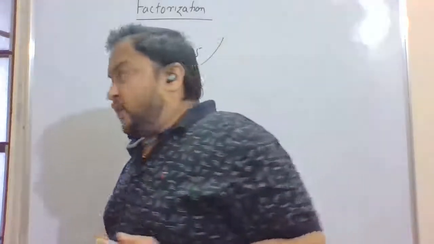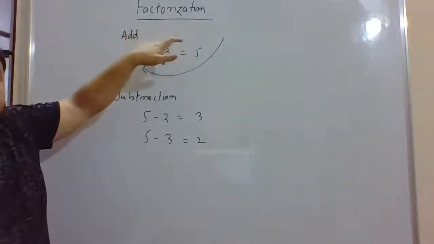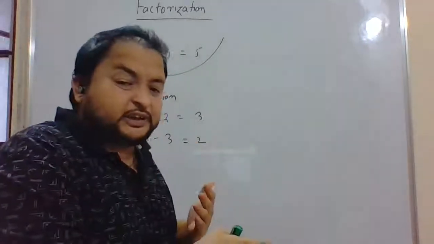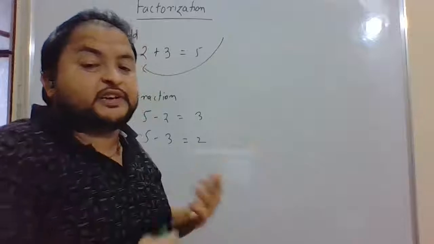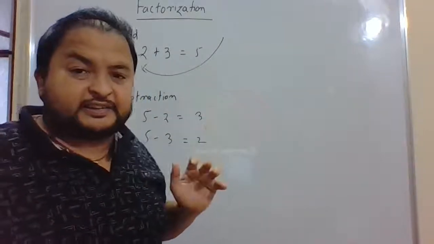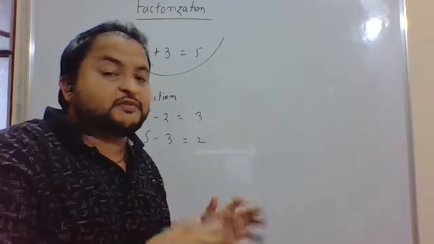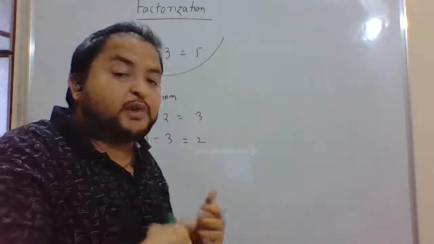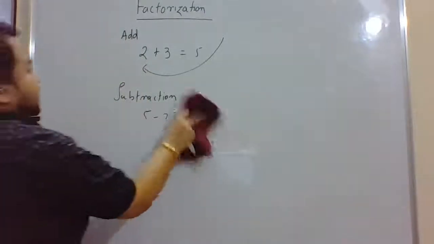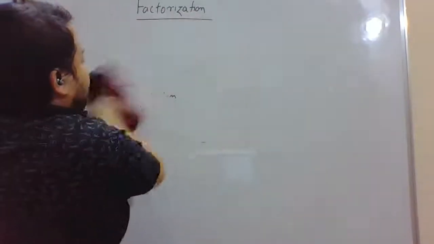When we are talking about factorization, is it a direct function of something or a reverse function of something? The answer is that factorization is a reverse function of multiplication. How? Let's understand.